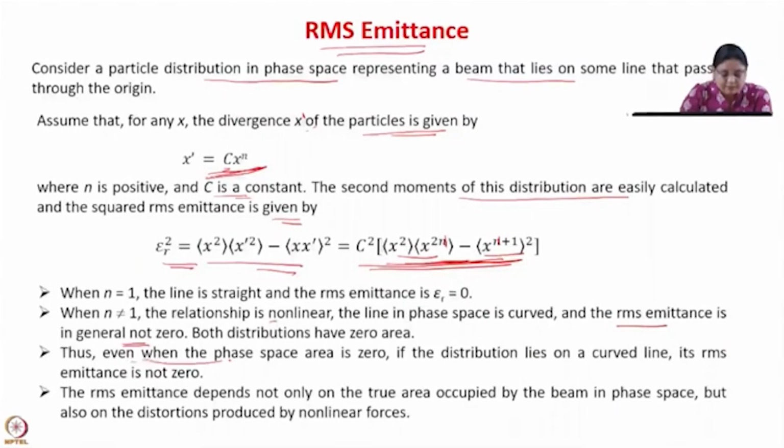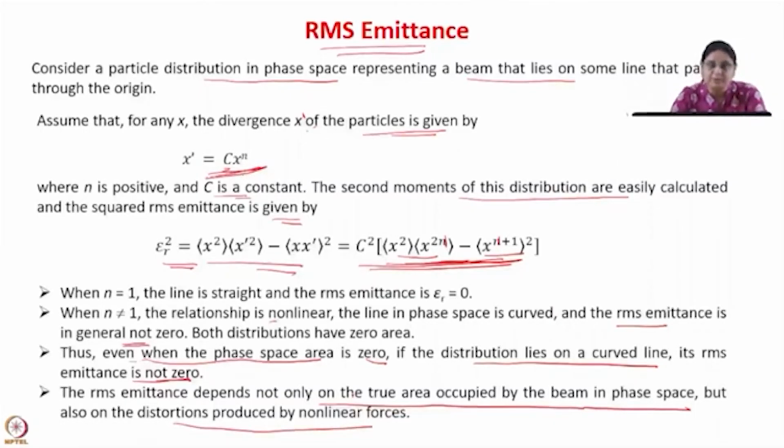Thus, even when the phase space area is 0, if the distribution lies on a curved line, its RMS emittance is not 0. So RMS emittance depends not only on the area occupied by the beam, it also depends upon the distortions produced by nonlinear forces. So it's a very useful quantity, a good figure of merit for describing the beam.